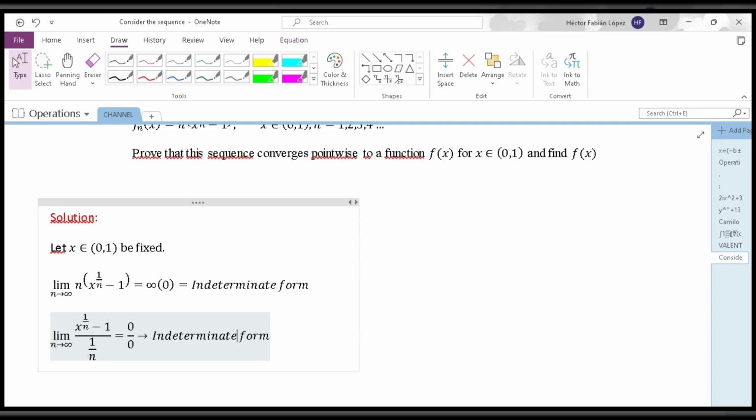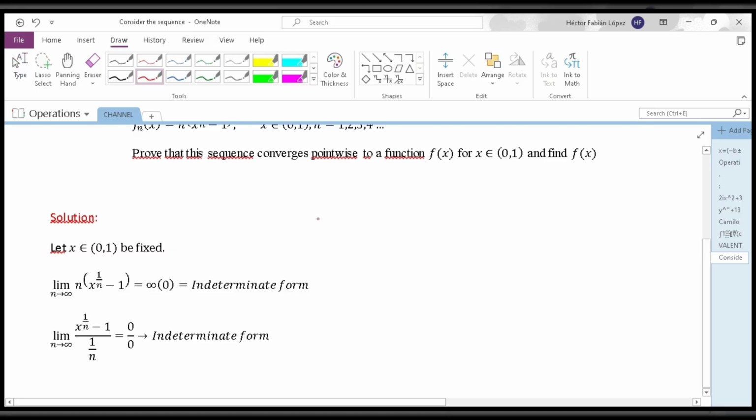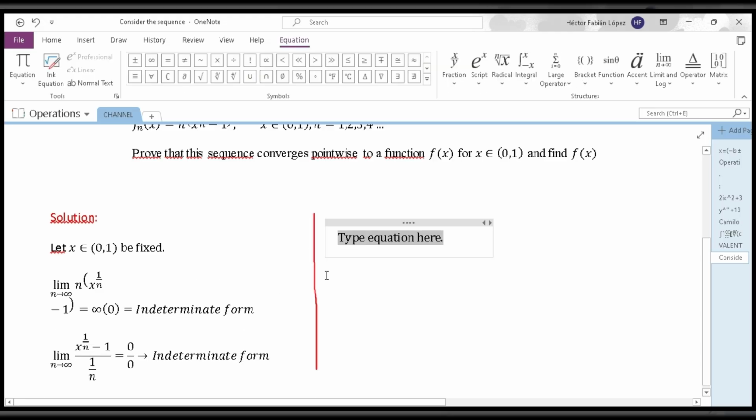But what happened here? Here we can use L'Hopital. Then we will find the derivative in the numerator and denominator of this. Using L'Hopital, we will have this limit. The derivative of 1 over n is negative n to the negative 2 power, when n approaches infinity.